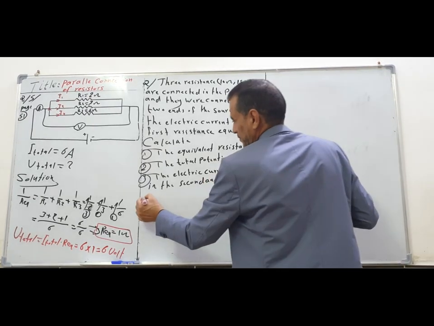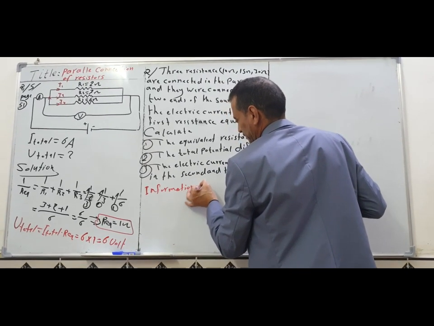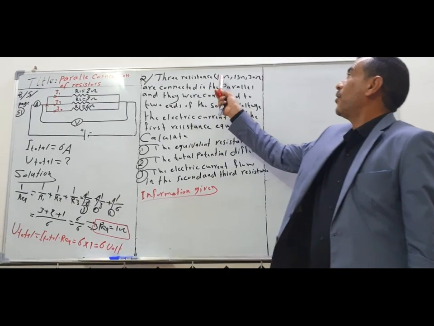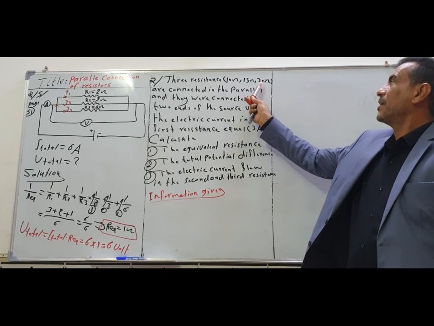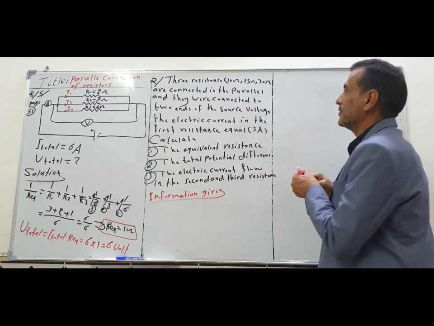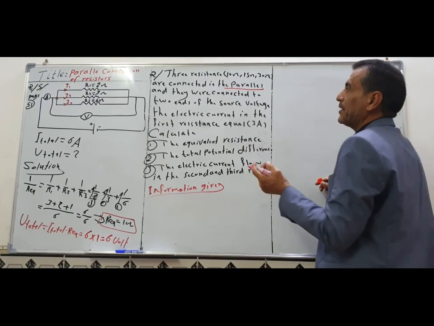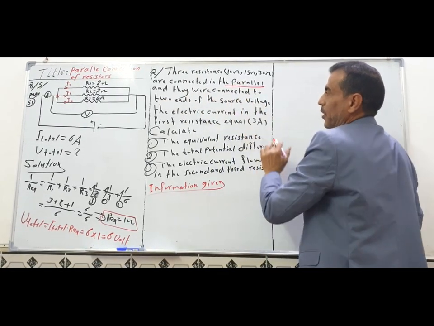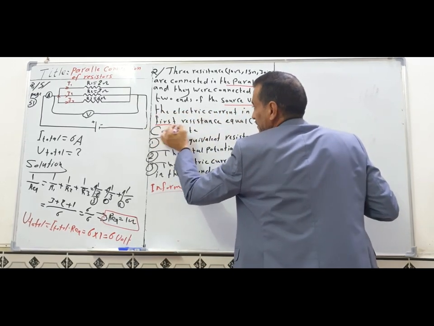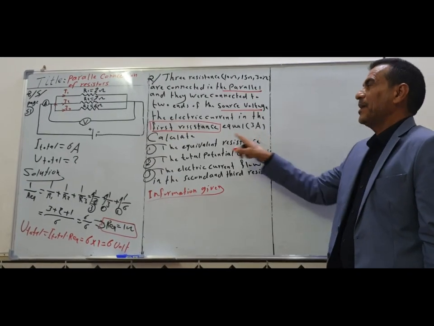Information given. Attention. 3 resistances, 10 ohm, 15 ohm, and 30 ohm are connected in parallel. This is the type of connection, in parallel. And they were connected to the two ends of the source voltage. The electric current in the first resistance equals 3 ampere.